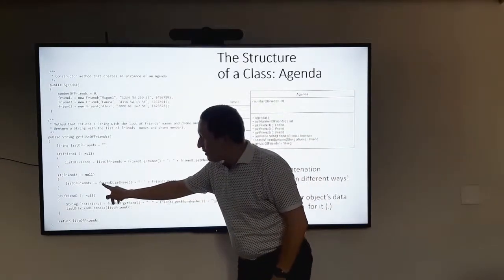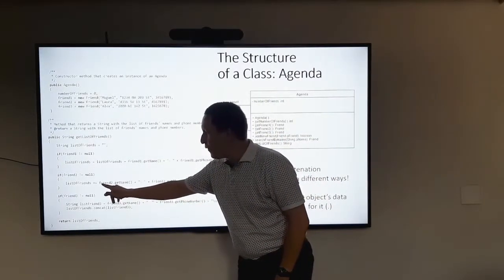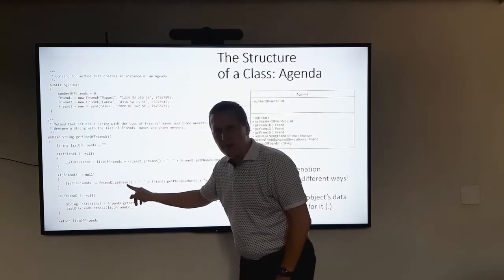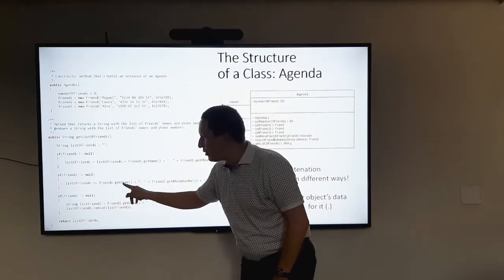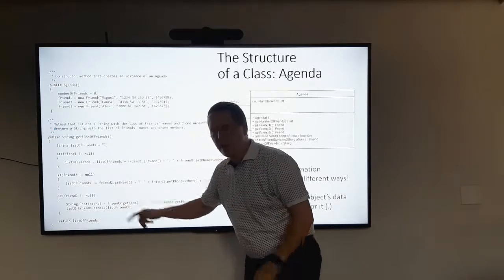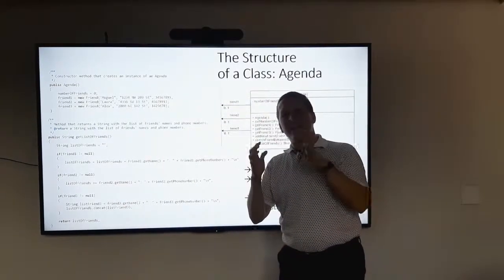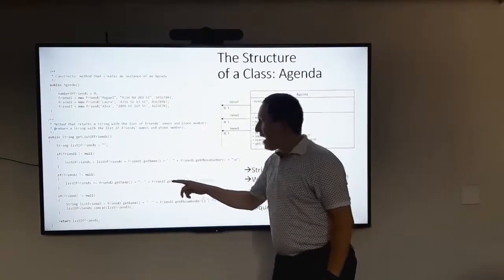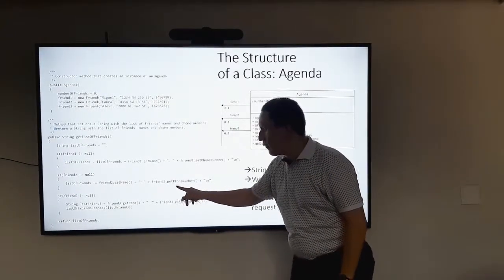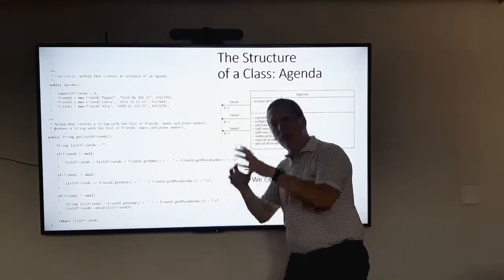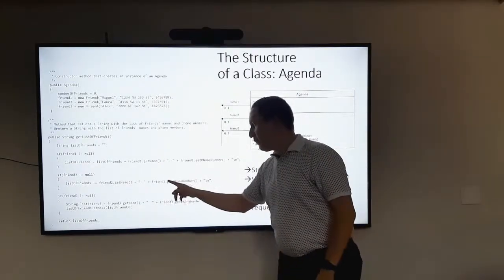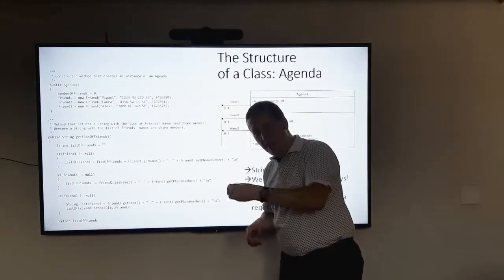To get the friend2 name, I need to say, friend2, give me your name. So it is requested using the point, the period. I'm calling the method that exists in the class friend. Same happens to phone number, get phone number. So I'm calling the method that exists in the class friend that is called get phone number.